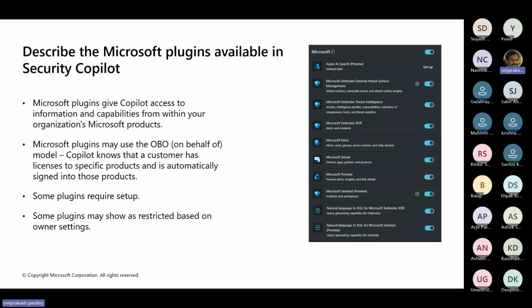Some of these plugins will require additional setup, additional licenses to be purchased if they are not already present within our environment. So once it comes to this information, we will have to capture these details and make sure these resources are being mapped over here.